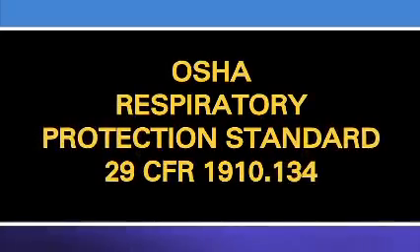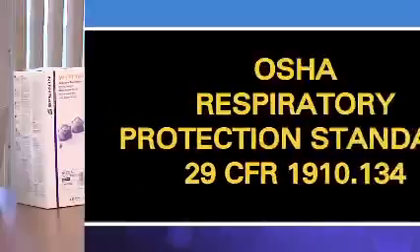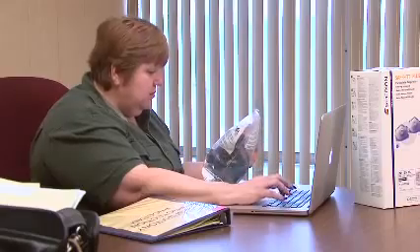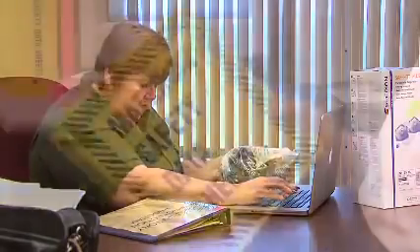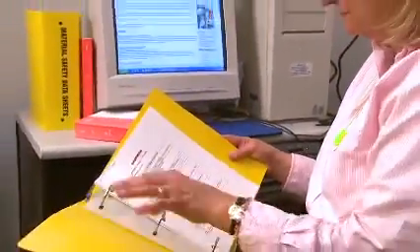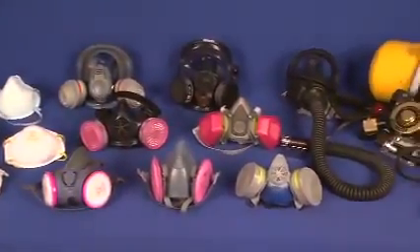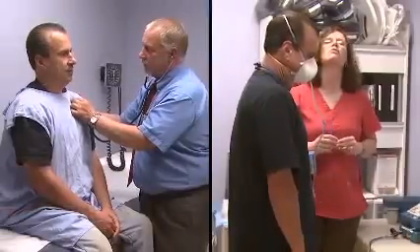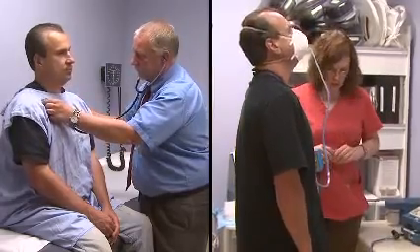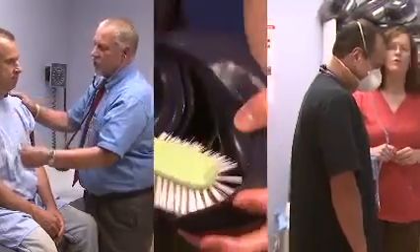The standard requires your employer to do the following: develop and implement a written respiratory protection program. Evaluate the respiratory hazards in the workplace. Select and provide appropriate respirators. Provide worker medical evaluations and respirator fit testing.